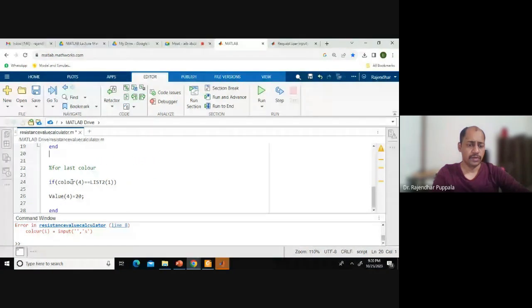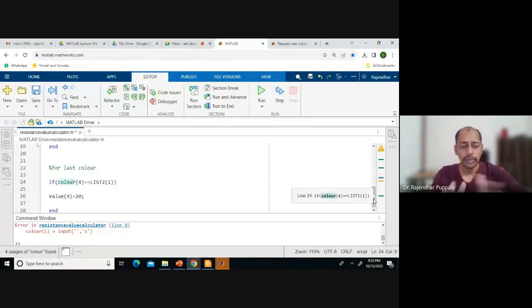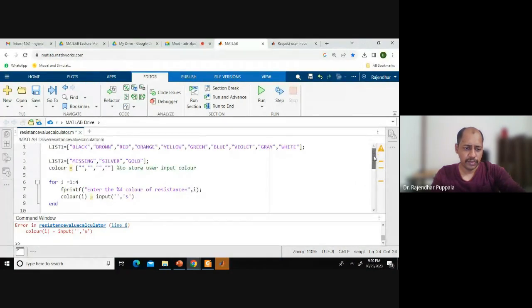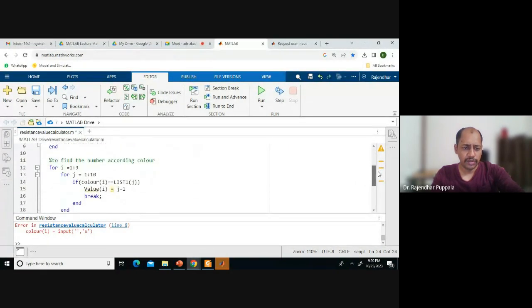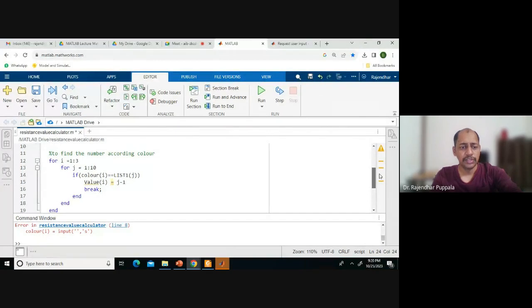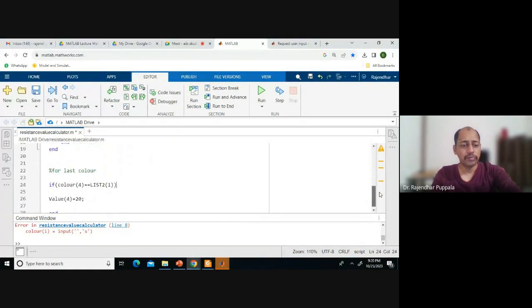So if color 4, what is the fourth input? It will give you the tolerance, right? This is the loop for 1, 2, 3, and from the fourth one, what you can calculate is the tolerance.